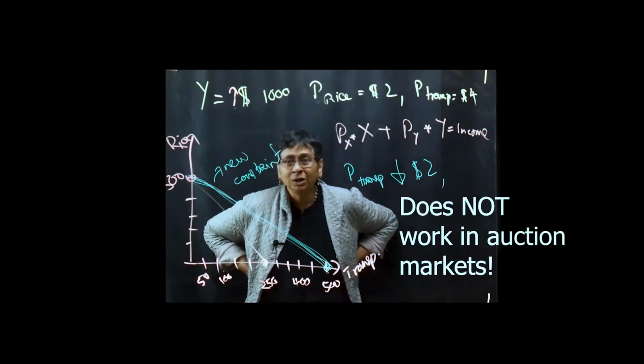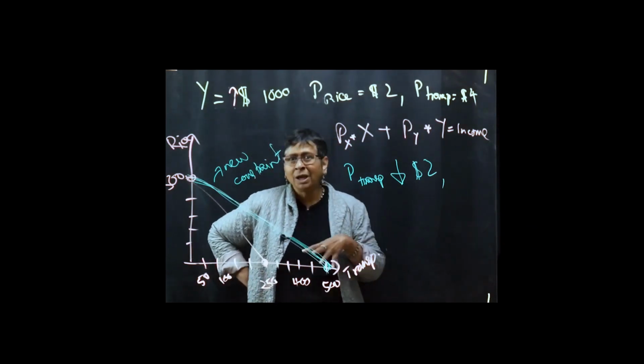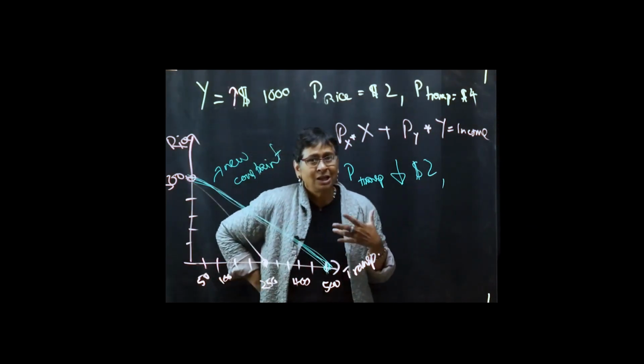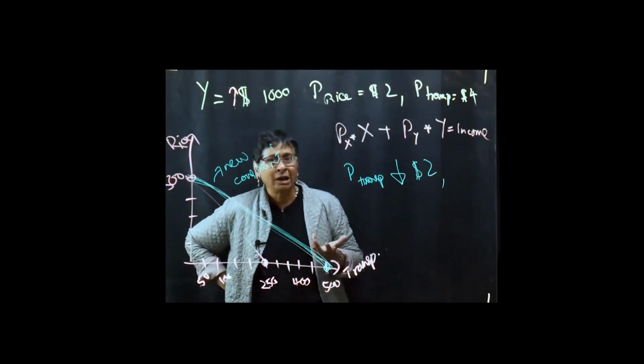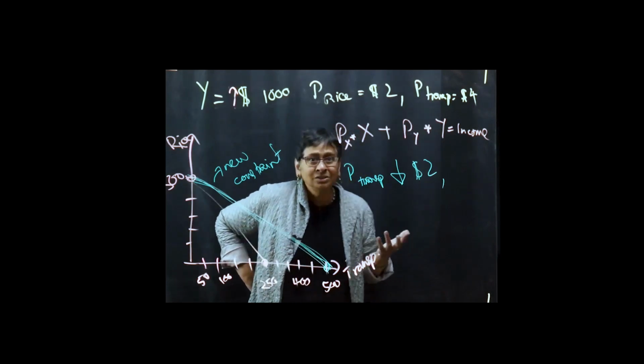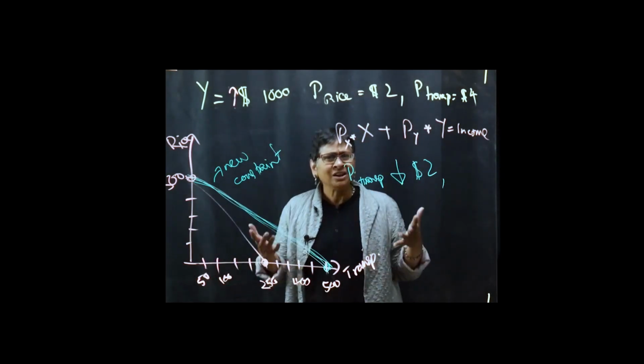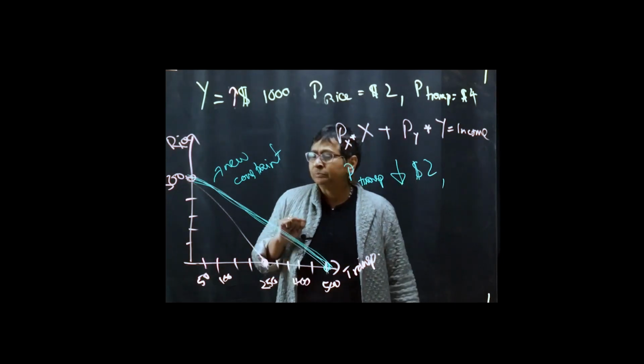This is not going to work in auction markets. It's not going to work on eBay. It's not going to work in input markets where I am the only person who's buying workers' time, right? Lots of assumptions. But ordinary everyday goods, this works.